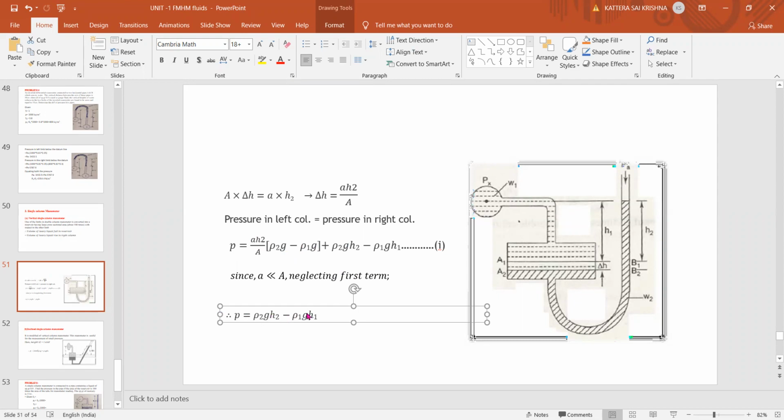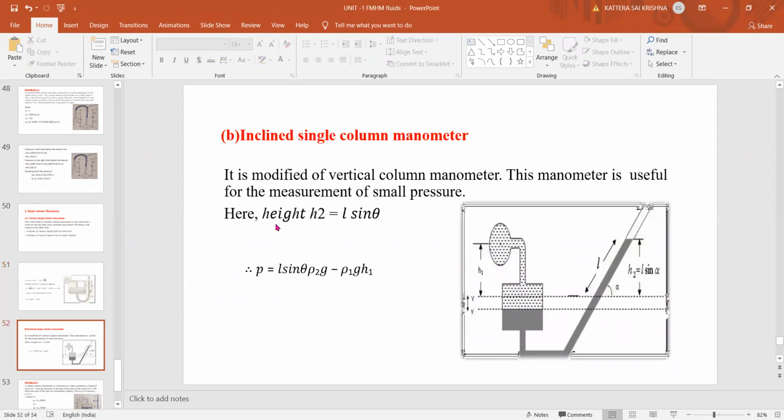Right. So next, if you go for the inclined single column manometer, the only change is this one. We need to know the height in the vertical direction. So H2 is equal to L sin theta. This is the rise of fluid in the right limb, L. We need it in terms of height, how much vertical height is there. So that is L sin theta.